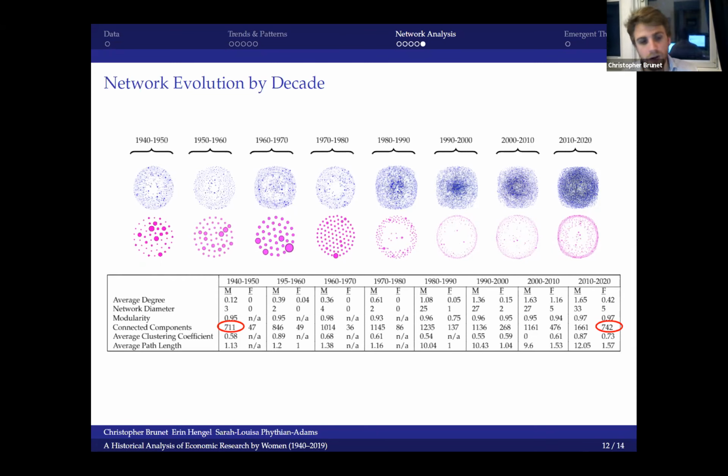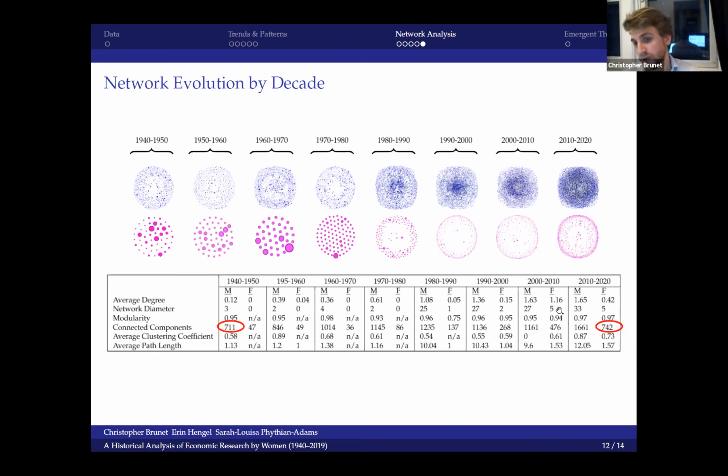My favorite metric is the connected components one, which is the row with the circled red lines. This is a measure of density and connectivity, I should say. And you can think of this metric as kind of counting all the different combinations and permutations of how networks are connected to each other via paths.